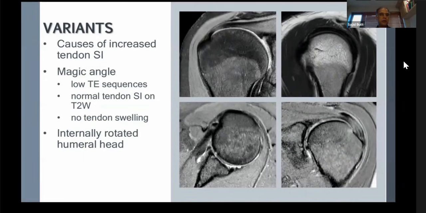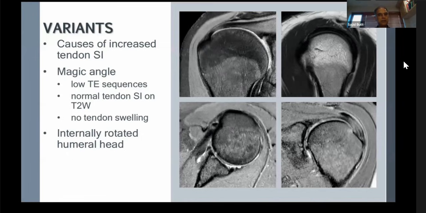Sometimes, however, you would see a spurious increase in the signal intensity in the tendon, and that is because of the magic angle. We all know about the magic angle artifact. You tend to see it in structures which are making an angle of around 45 degrees to the main bore of the magnet, and you see them in short TE sequences, the proton densities and the T1 weighted sequences.